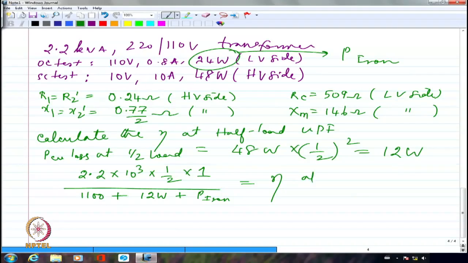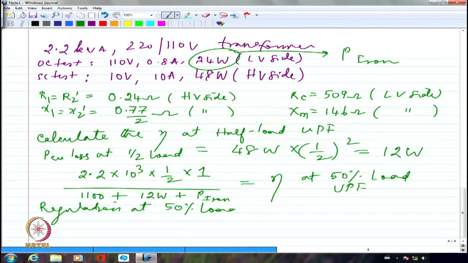If I ask you to calculate, for example, the regulation at 50% load 0.8 power factor lag. If it is lagging power factor, I can say cos phi is 0.8 and sin phi correspondingly will be 0.6, because 0.8 square plus 0.6 square, square root is 1.